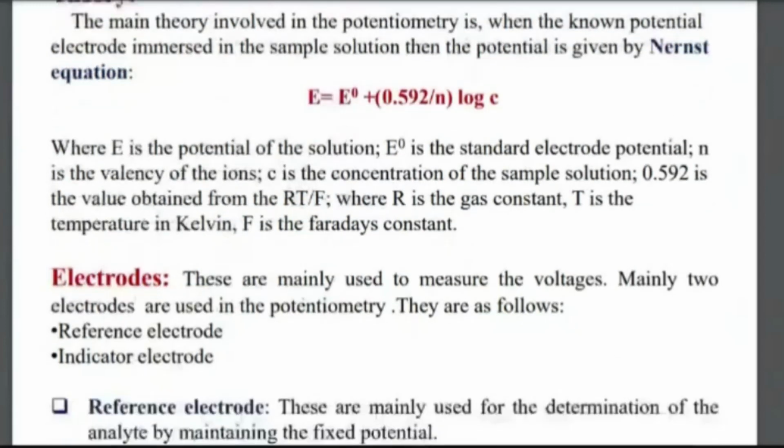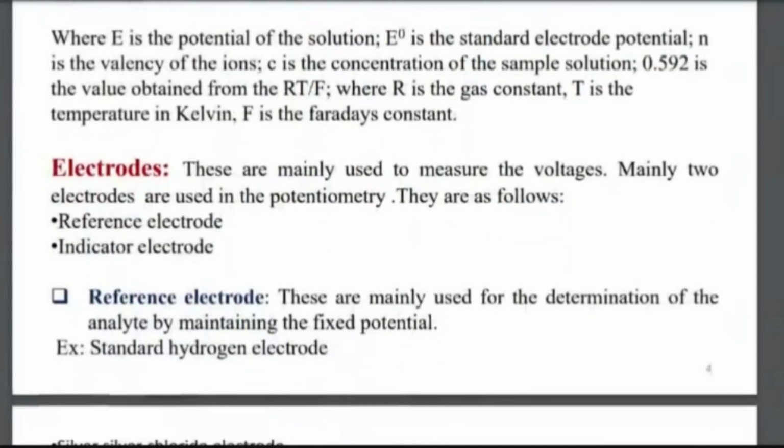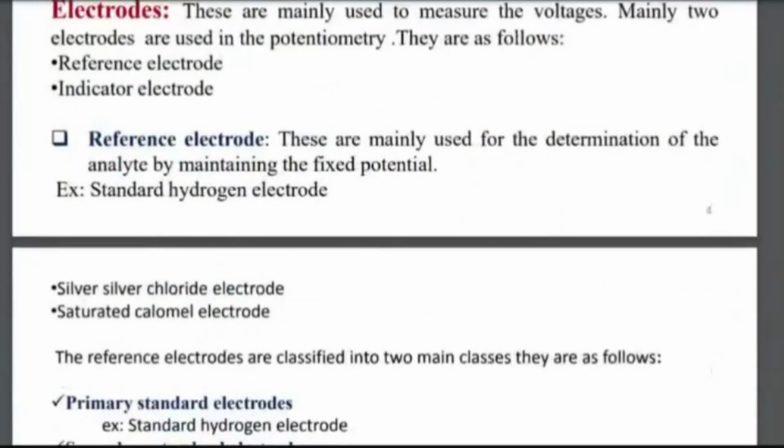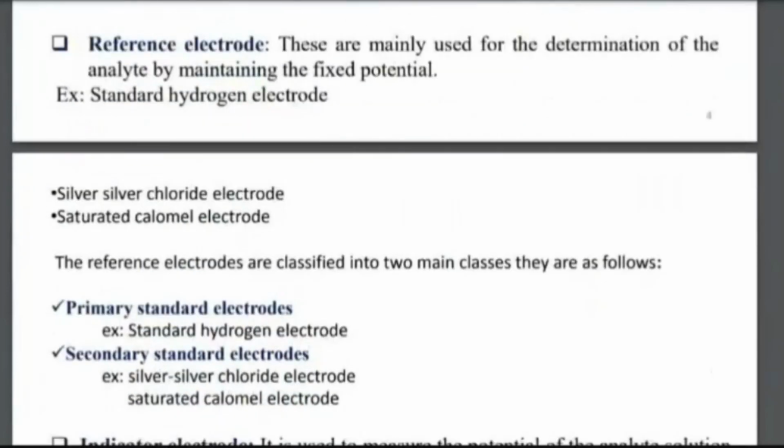What are electrodes? These are mainly used to measure the voltages. Mainly two electrodes are used in potentiometry, namely a reference electrode and an indicator electrode. The reference electrodes are mainly used for the determination of the analyte by maintaining a fixed potential. Examples of reference electrodes are the standard hydrogen electrode, silver chloride electrode, and saturated calomel electrode.